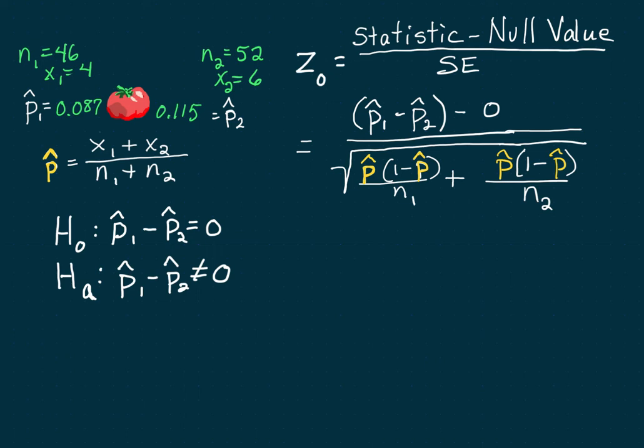So we're going to take 4, which is x sub 1, and we're going to add to that 6, which is x sub 2, and we're going to divide that by the sum of the number in our samples, 46 plus 52. That gives us 10 divided by 98, which is equal to 0.102.